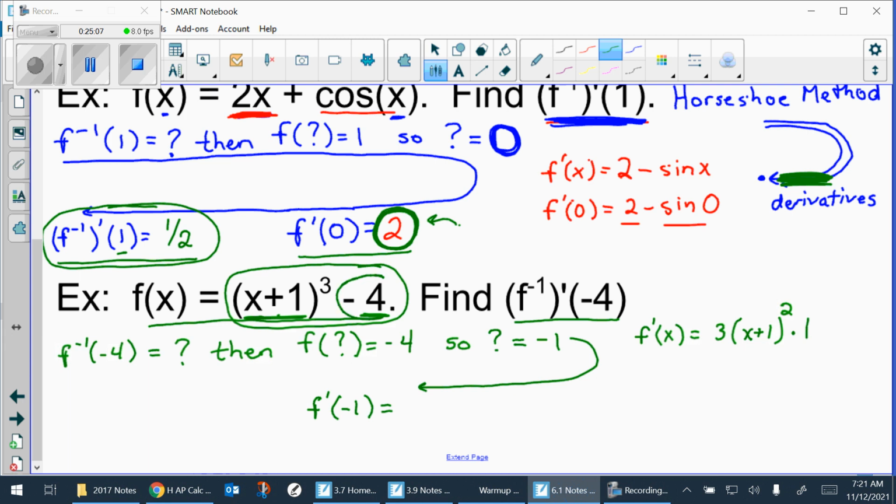And then the derivative of negative 4 is 0. So what is f prime at negative 1? If I put a negative 1 in here, I'm going to get 0 times 3, and I'm going to have to square that 0 and multiply. I'm getting a 0.